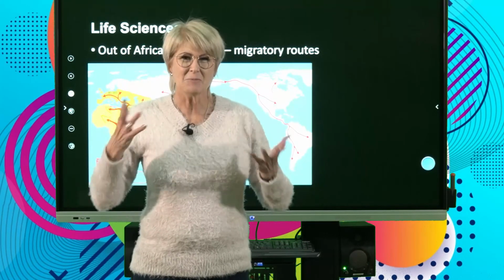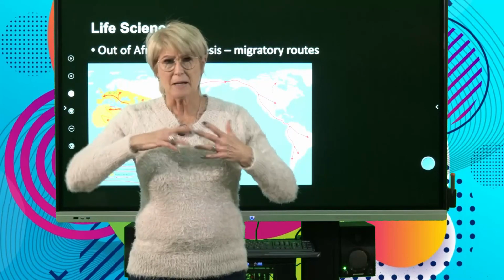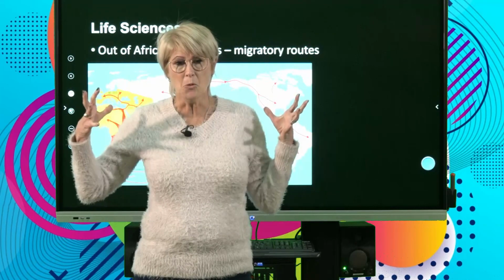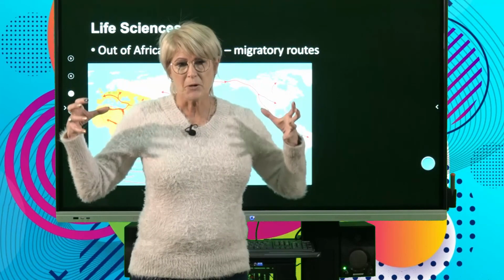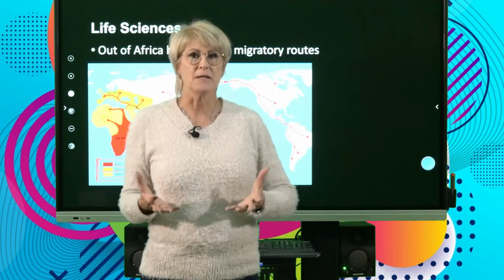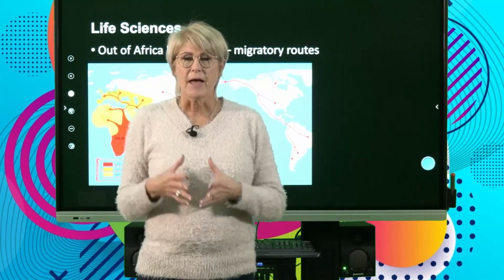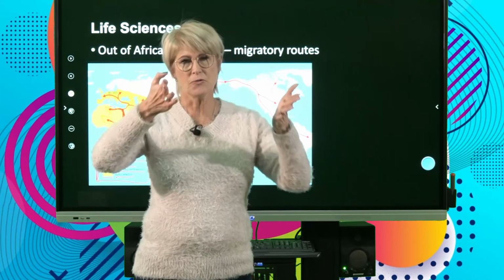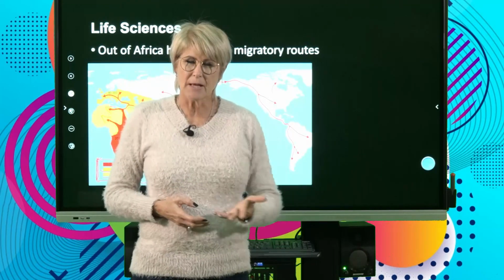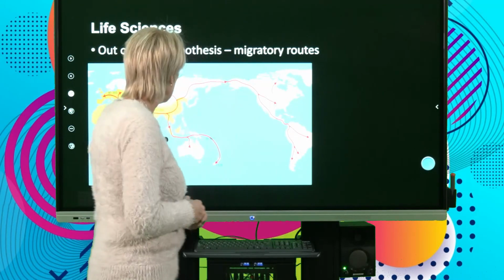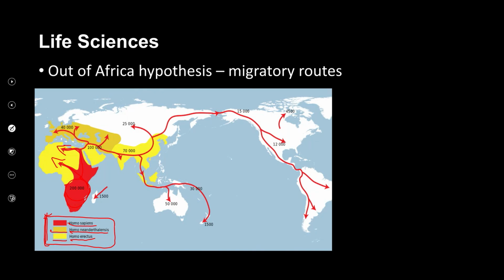It might have become drier, it might have become colder, there might have been a shortage of food, there would have been more pressure from predators, so they would have had a lot of threat possibly from predators, and that then caused them to move and look for more habitable areas, and maybe where there's more food.